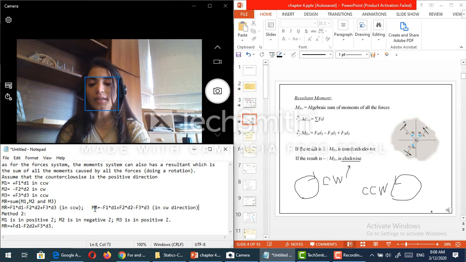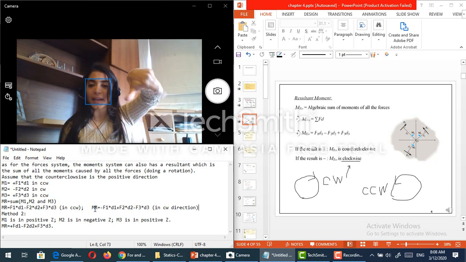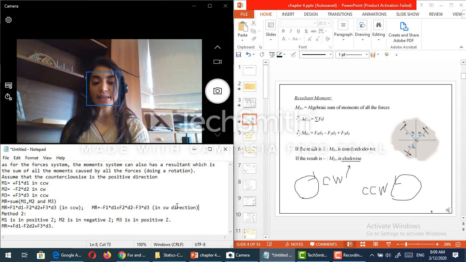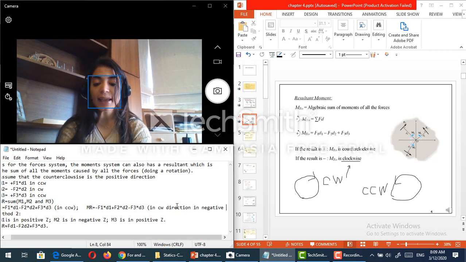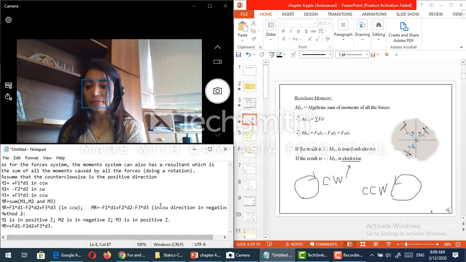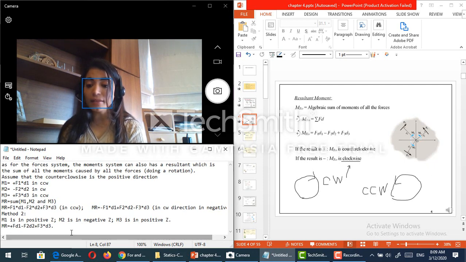And basically, guys, the clockwise direction is in the negative z, which means this M resultant is in negative z. So if you do the comparison here, this M resultant here is in the positive z.